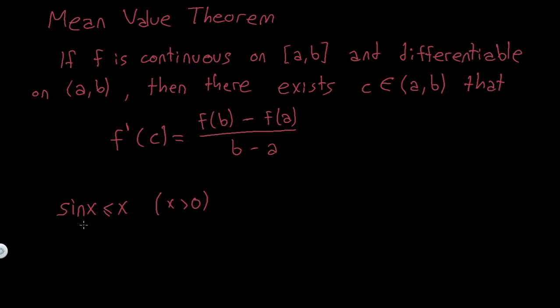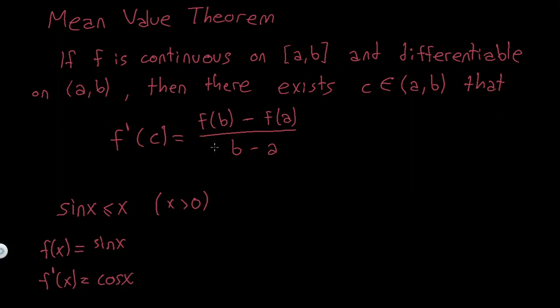So let's pick a function. I need a function. Let's pick sine of x. Now I should take its derivative, because in the theorem I have f prime of c. So f prime of x is cosine x.